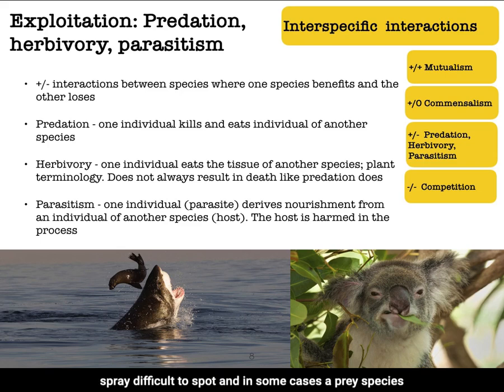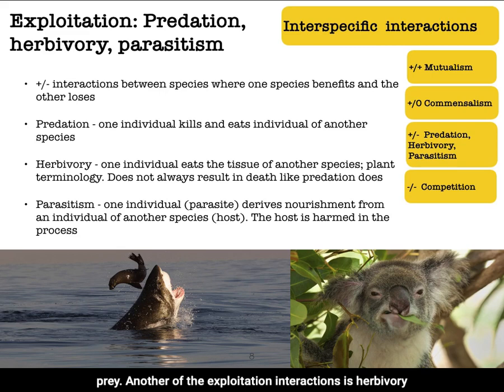Camouflage makes prey difficult to spot, and in some cases, a prey species may gain significant protection by mimicking the appearance of another species. In Batesian mimicry, a palatable or harmless species mimics an unpalatable or harmful species. Predators can also use mimicry to attract or sneak up on prey.